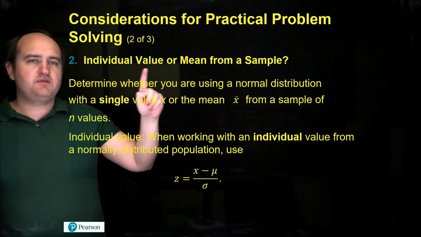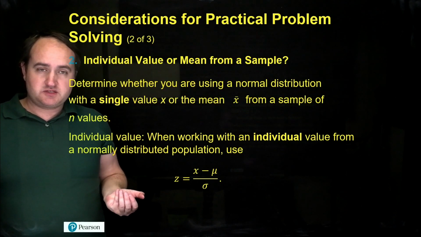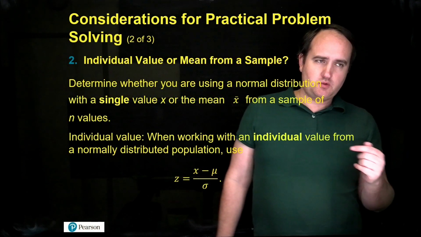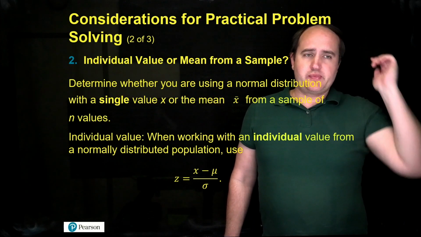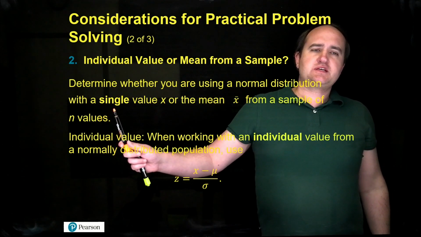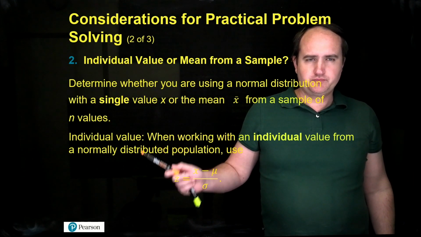So if it's just an individual value, that's actually the process that we did in section 6.2 from this chapter. So make sure you watch the videos from that section. But if you just have a single value x, that's what we did in 6.2.